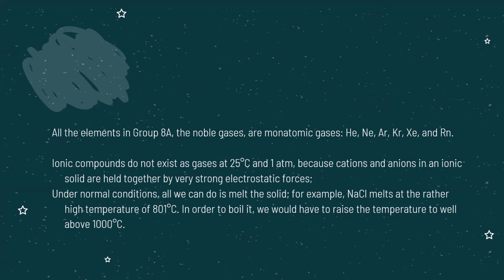I think I talked about this, that they need thousands of degrees to melt, and if you want to boil it, that's even higher, right? So they don't really become gases at room temperature, as you might guess. Under normal conditions, all we can do is melt the solid.